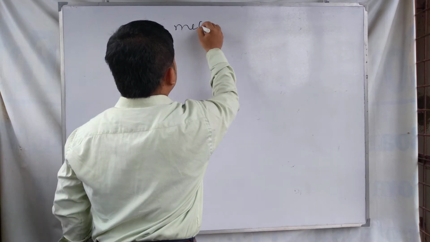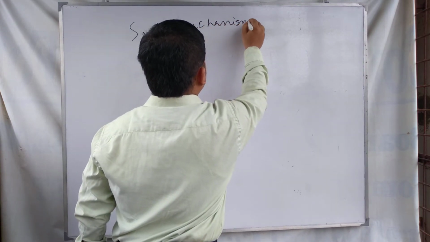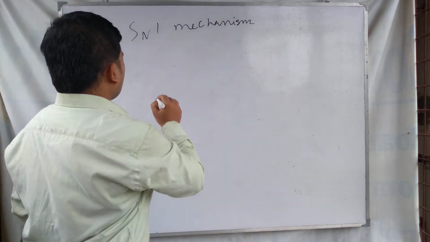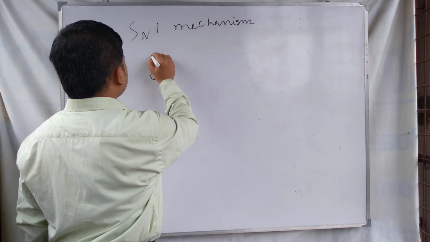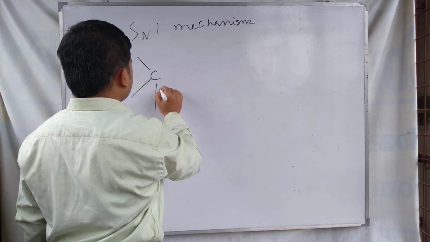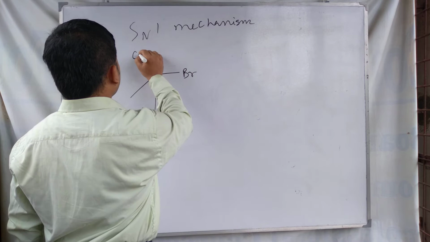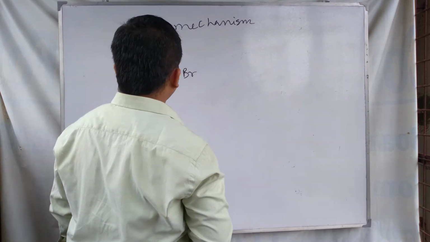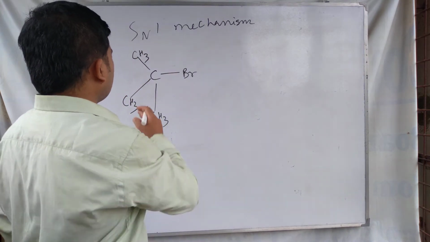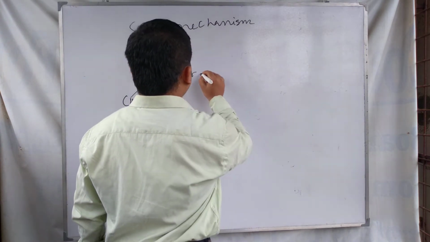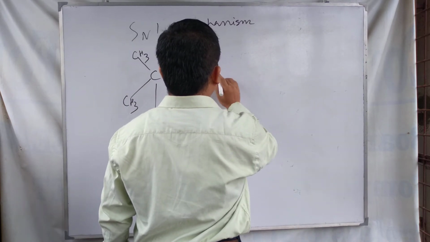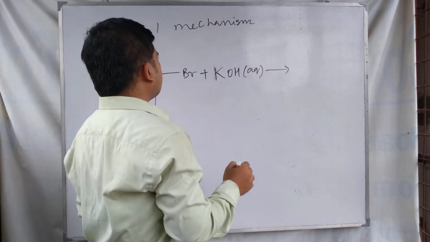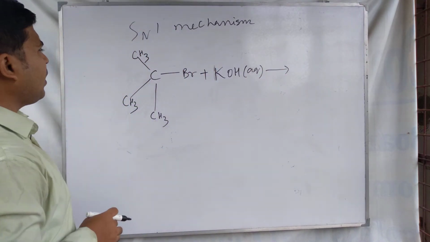In the case of SN1 mechanism, suppose this one, or you can use R group here. In presence of aqueous KOH, the reaction that occurs is called SN1 mechanism.